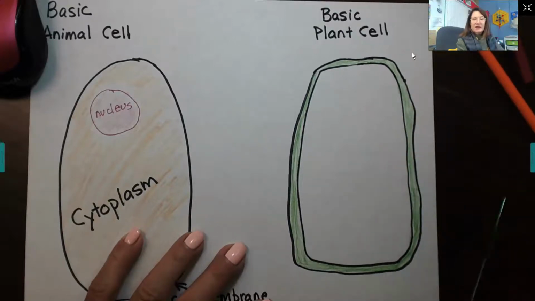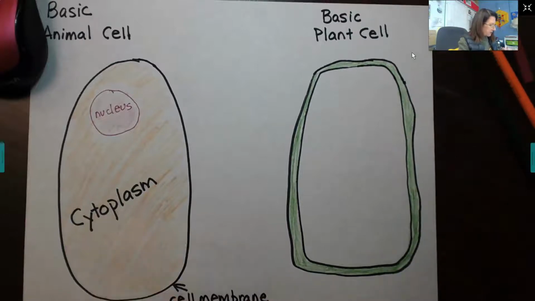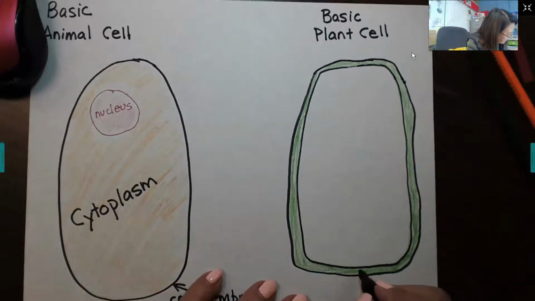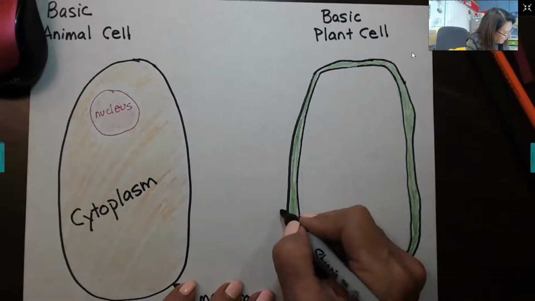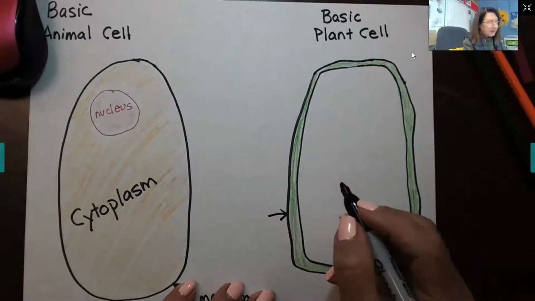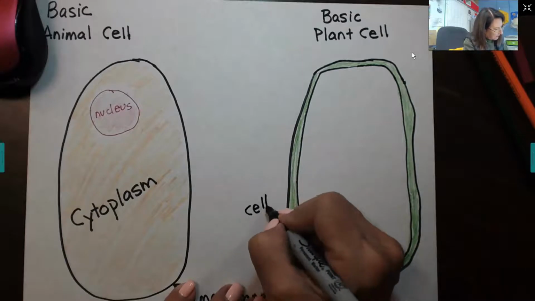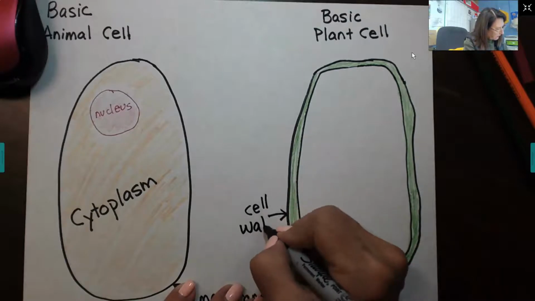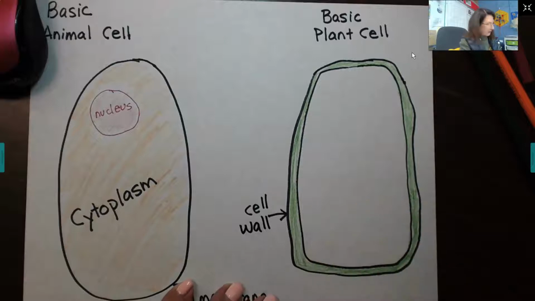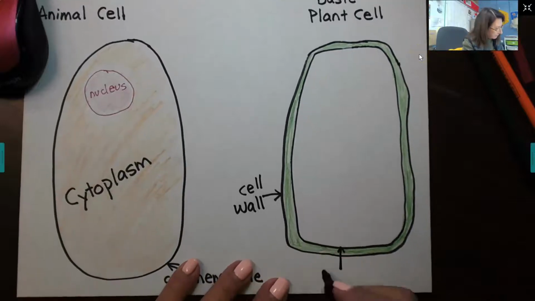Okay, so now I'm going to label this. This one here is my cell wall. And then this one inside is my cell membrane.